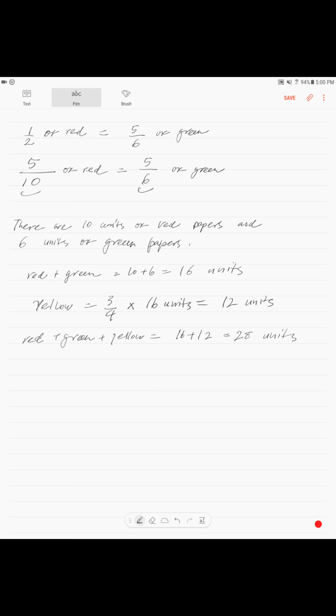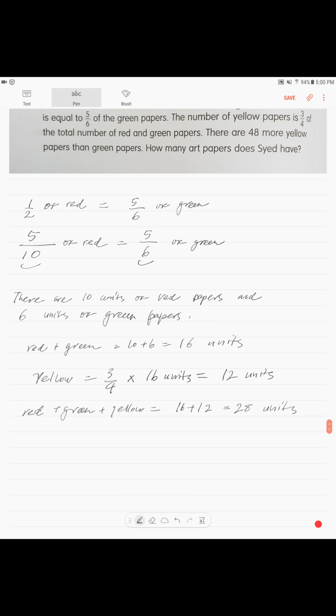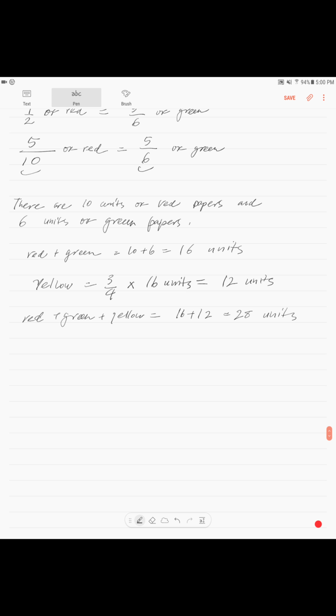Okay? And we can write it down. And we need to know the difference, the last sentence. There are 48 more yellow papers than green papers. How do we represent it in a mathematical way?